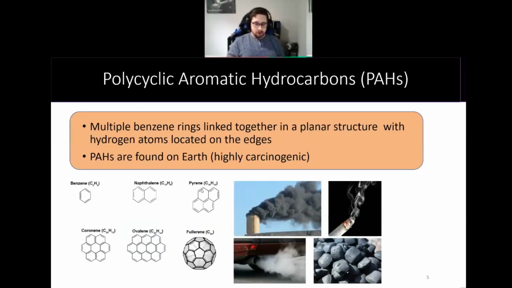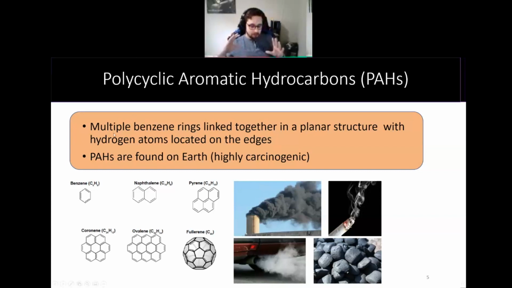So what are polycyclic aromatic hydrocarbons, or PAHs, exactly? Well, they form from the fundamental aromatic unit, a benzene ring, where you have basically six carbon atoms in a hexagonal configuration, where they share their electrons in a delocalized pi bond, making them much more stable than aliphatic or linear hydrocarbons.